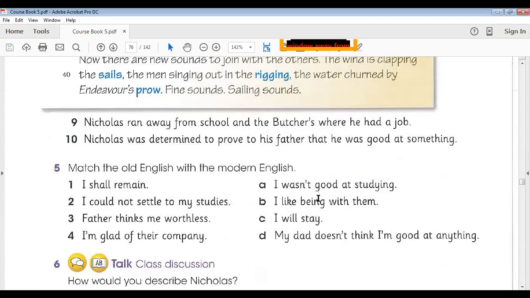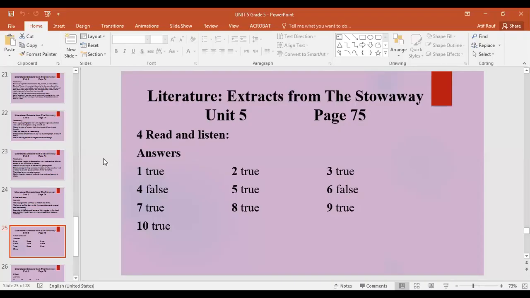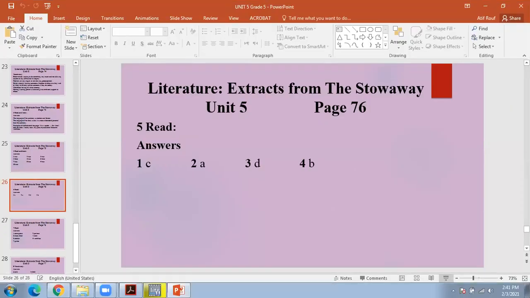As I explained to you yesterday, modern English philosophers developed the English language as well. Time to time they included new vocabulary words and eliminated some words. So I encouraged the students to answer the question and then we matched the old phrases with modern English phrases.